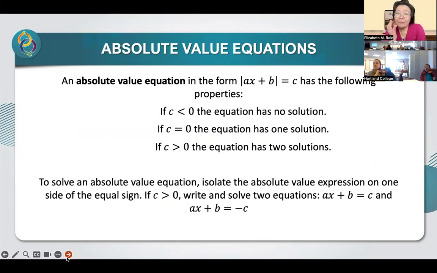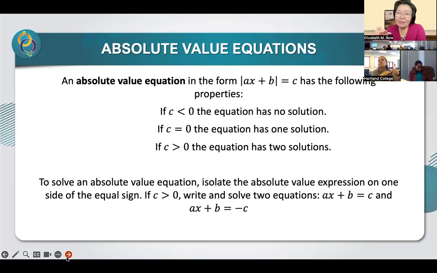So now it's important to know this concept so that you do not solve if you know there is no solution. So it says if you have the absolute value of ax plus b is equal to c, if your c is less than 0, which is negative, you have no solution because the absolute value can never be negative.